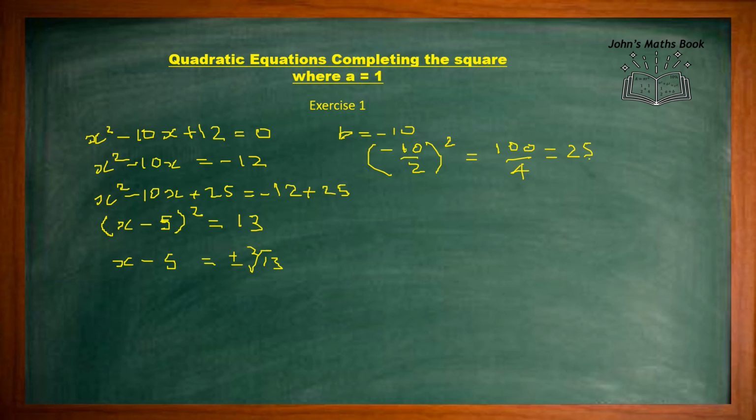So if we solve this for x, we get x is equal to 5 plus the square root of 13, and x is equal to 5 minus the square root of 13.